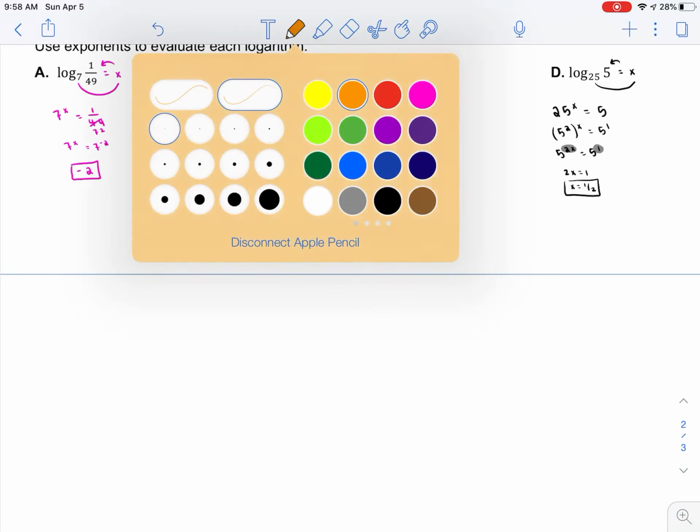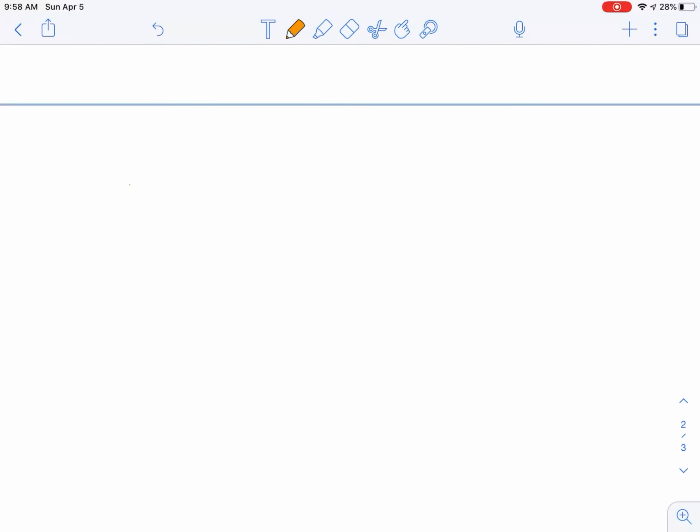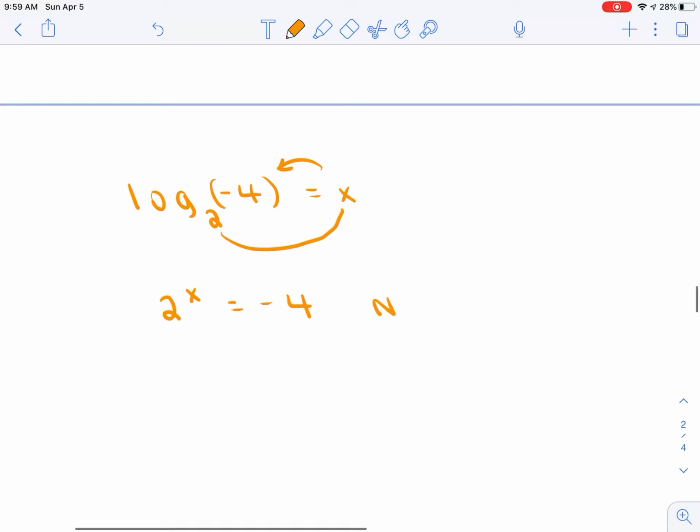Final thing I wanted to just say, because you're going to see this in at least one of the activities: if I ever said log base 2 of -4, and I said to find what answer makes this true, if you think about 2 to what power equals -4, this is not possible.